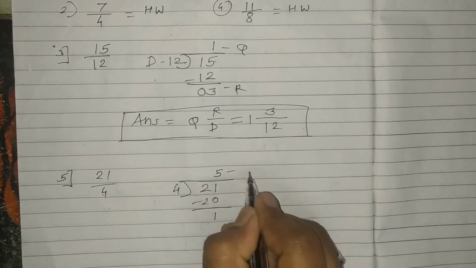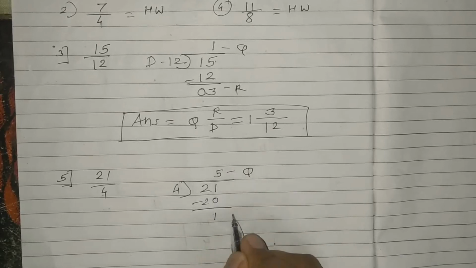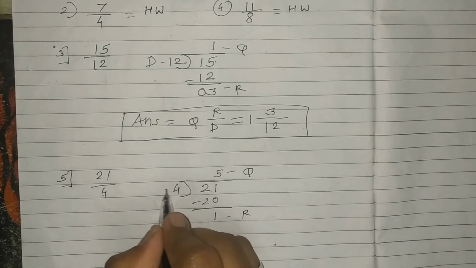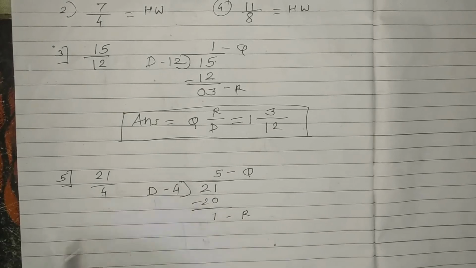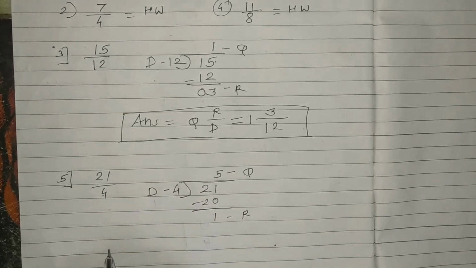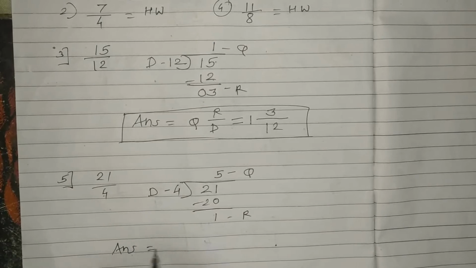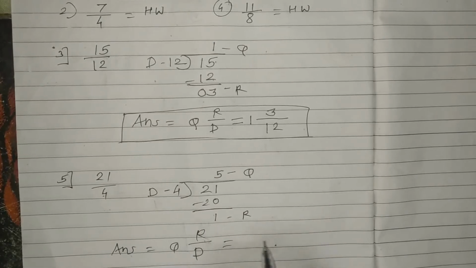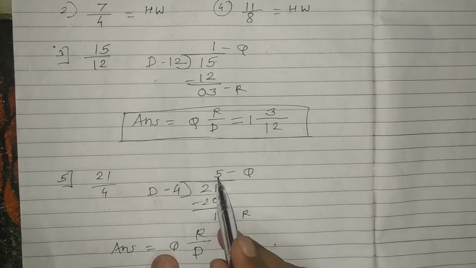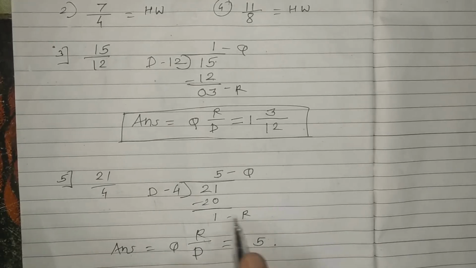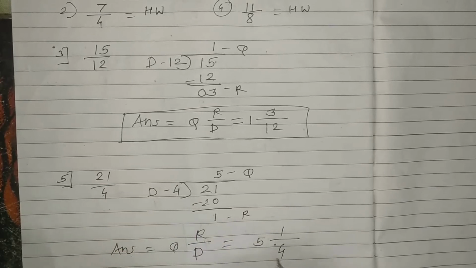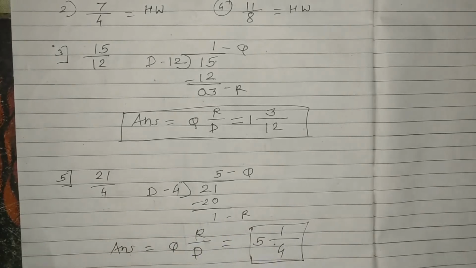Using such a practical way, students, instead of always carrying and borrowing. Write Q R D for your practice and write our answer in the box in the form of Q R D. What is our Q? Yes, 5. What is our R? 1. What is our D? 4. So this is your answer.